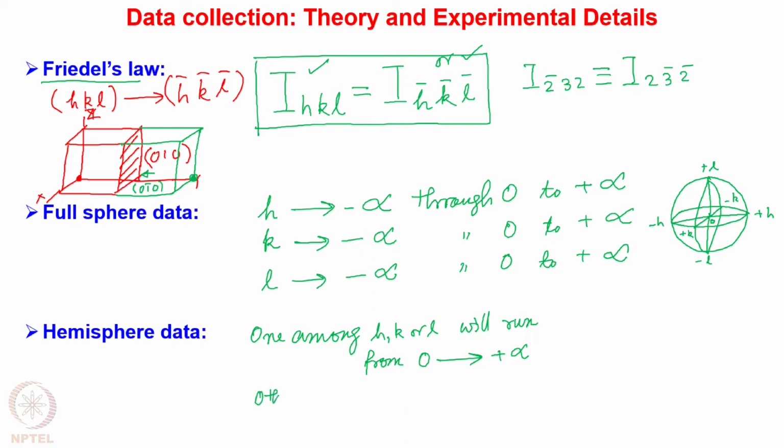and the other two will run from minus infinity through 0 to plus infinity, which would mean that we are actually collecting the data of one of the two parts of a sphere.